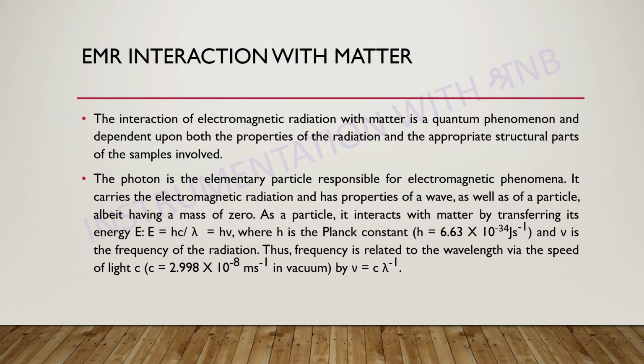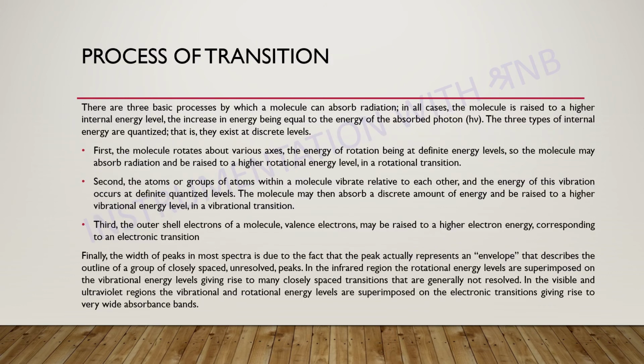Thus, frequency is related to the wavelength via the speed of light c. c is equal to 2.998 into 10 to the power 8 meter per second in vacuum. Frequency is equal to c over lambda. Hence, E is equal to h nu. From these equations, we can conclude that energy is inversely proportional to the wavelength and directly proportional to the frequency.